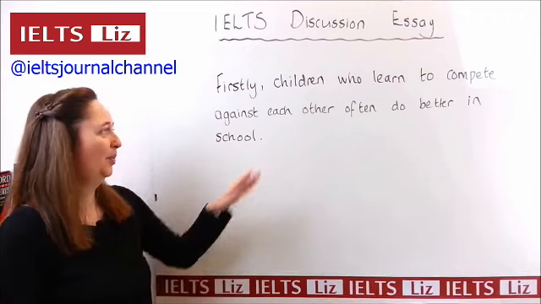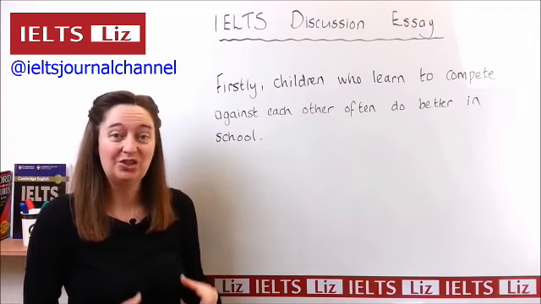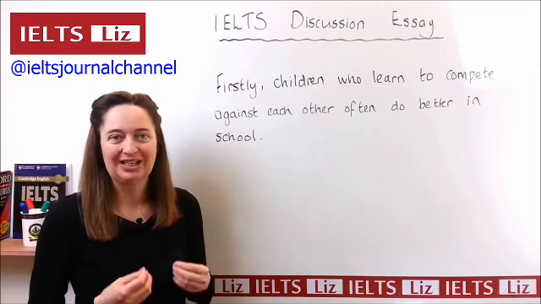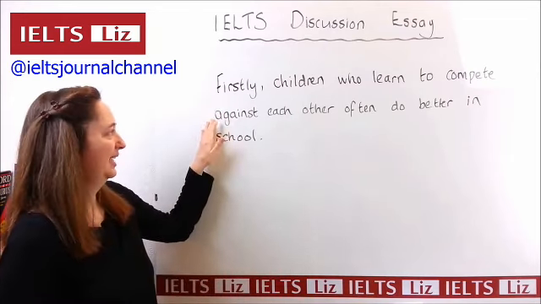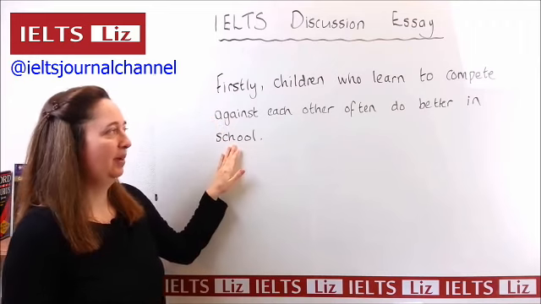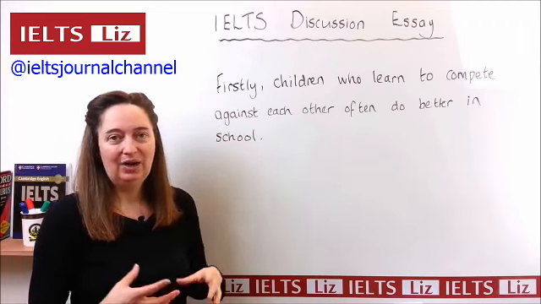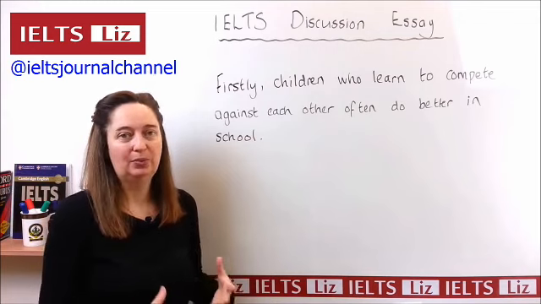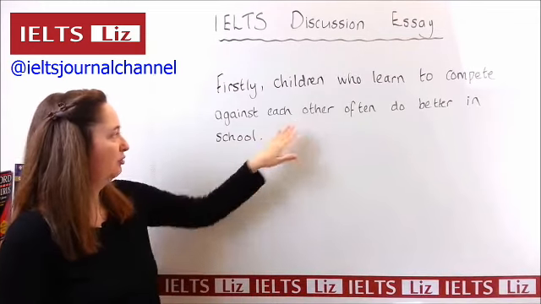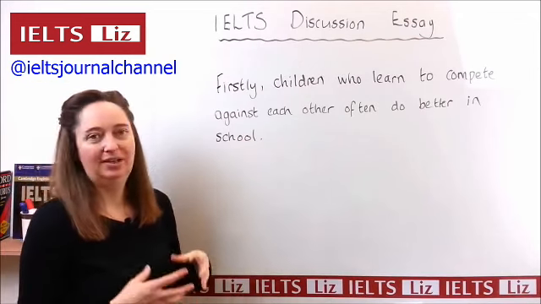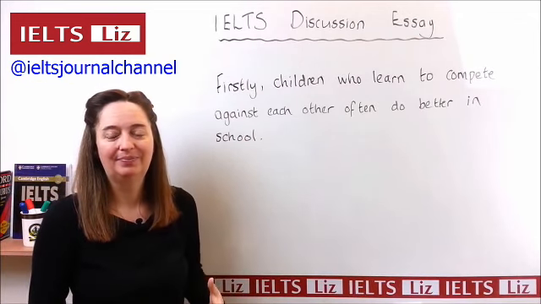Now, this is an example of a topic sentence which is not very good for a discussion essay. "Firstly, children who learn to compete against each other often do better in school." Now, it does show which side we're talking about. We're talking about competition. And it does introduce a point, which is children perform better.